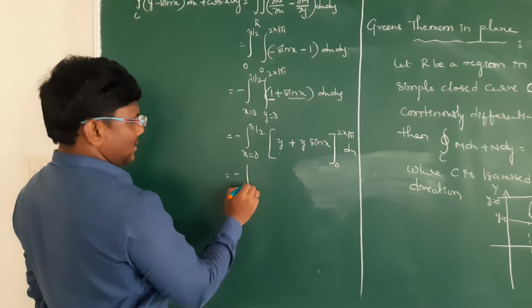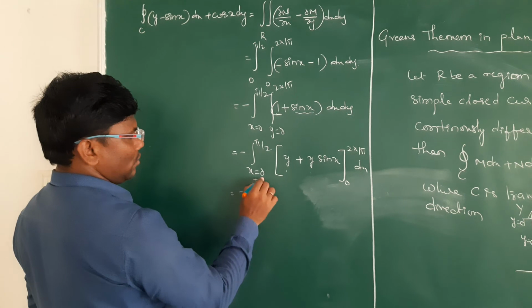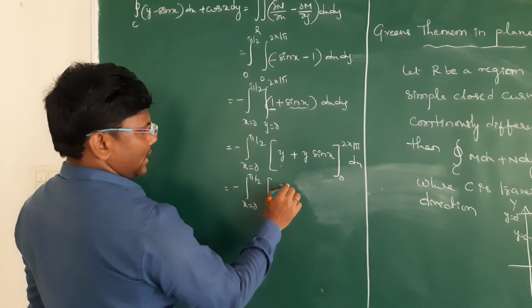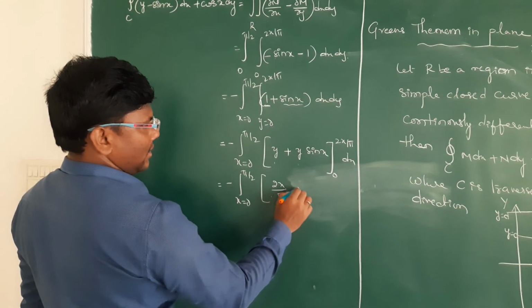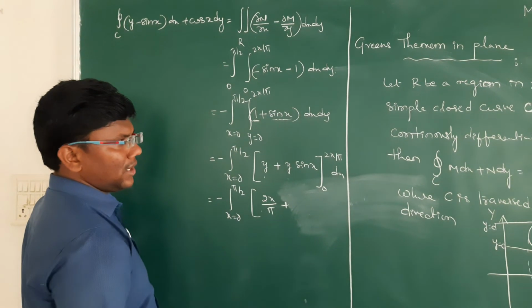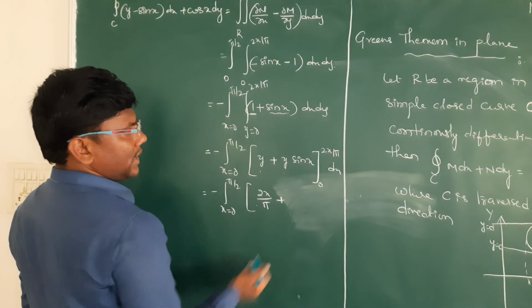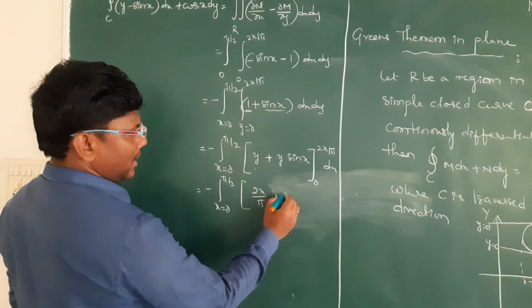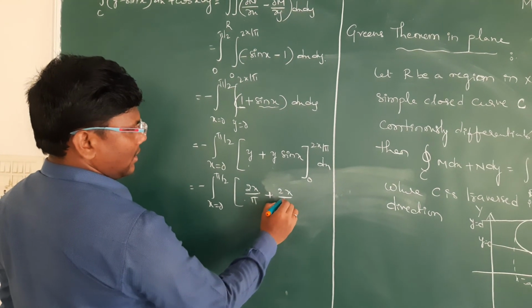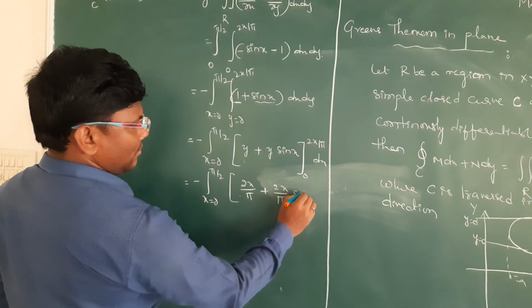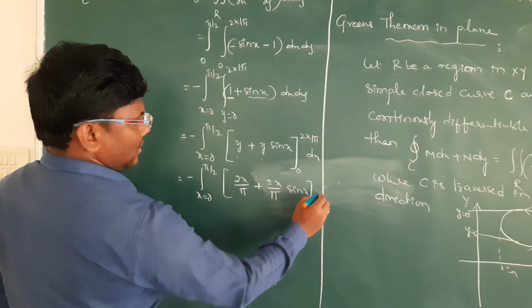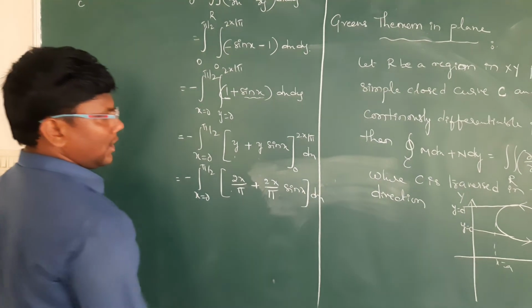That is equal to minus the integral x equal to 0 to pi by 2 of [2x by pi plus, in place of y we are substituting the limits y equal to 2x by pi, 2x by pi into sin x] into dx.